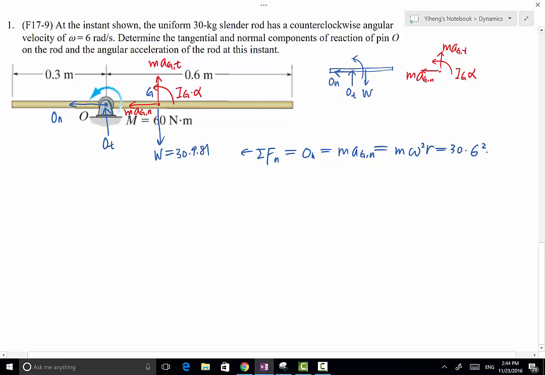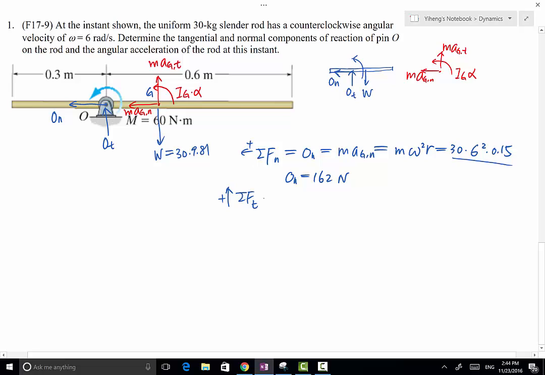This r is from point G to the rotation center. Therefore, that is 0.15. So from there, we can solve for O_N, basically just evaluating this part, and we get O_N to be 162 Newton.